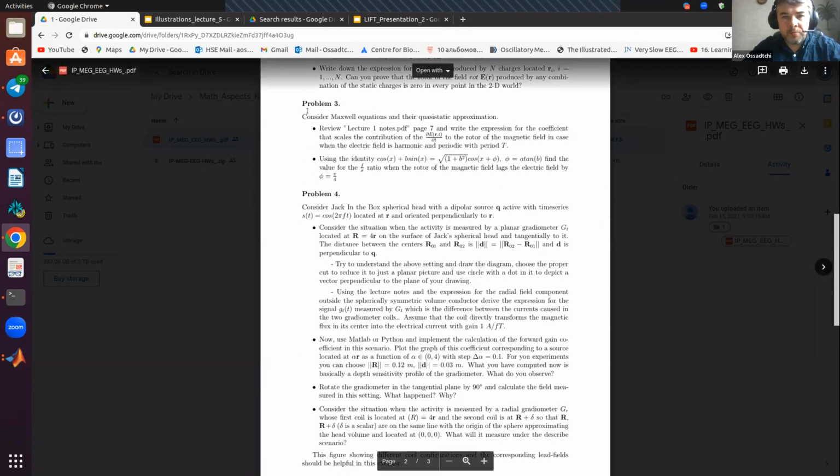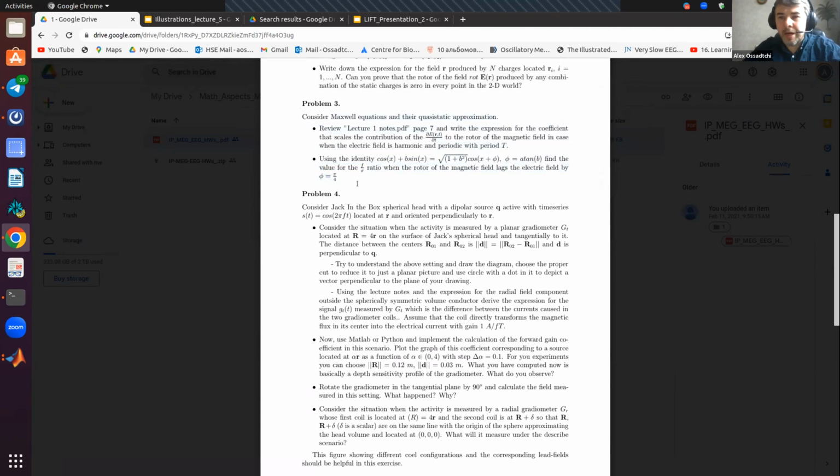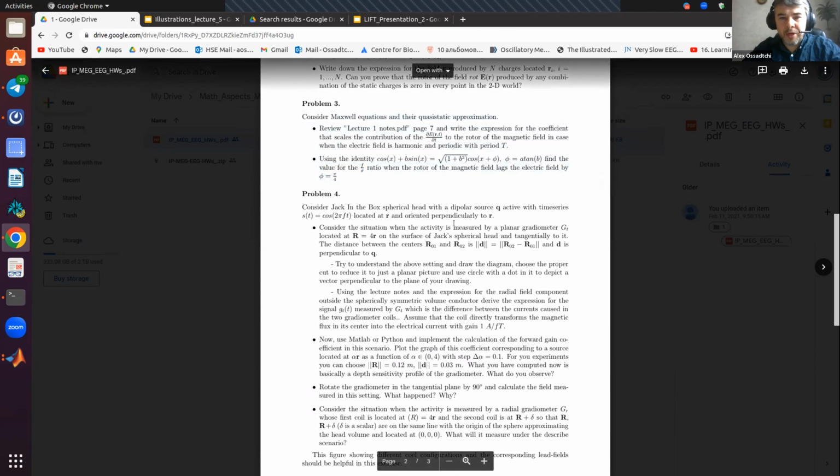Okay, so problem 3. Problem 3 is about Maxwell equations and the quasi-static approximation. I skipped it during the lecture, but the material is in the Ilmoniemi and Sarvas book, and it's also in a paper that I shared with you on the basics of MEG. I will point out which formulas you need to try to understand, and then you will need to answer this question.